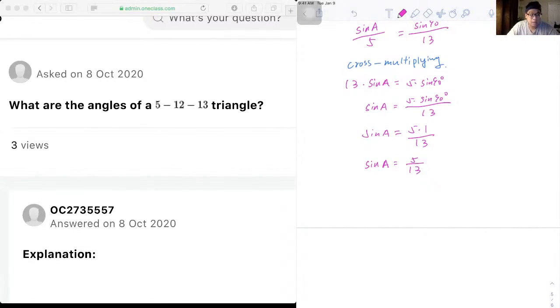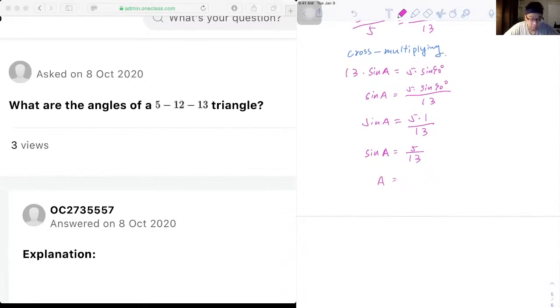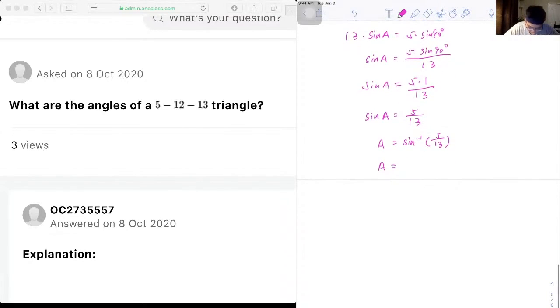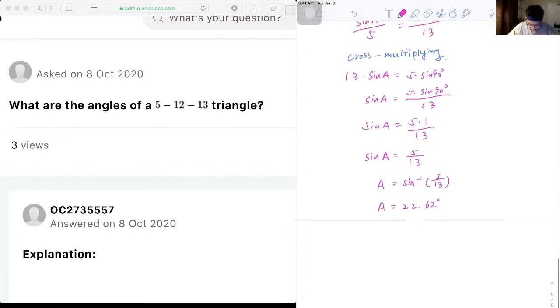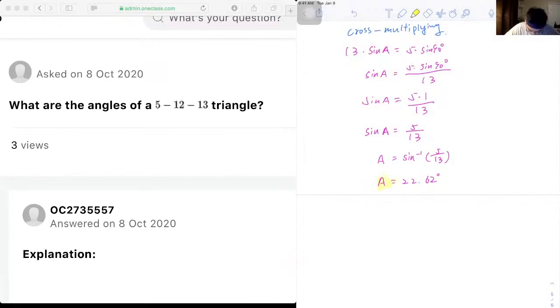Then getting the inverse sine of both sides of the equation, we will have A is equal to sine inverse 5 over 13. You plug that into your calculator, and that should give you 22.62 degrees. Okay, so that's what we have for the angle A.